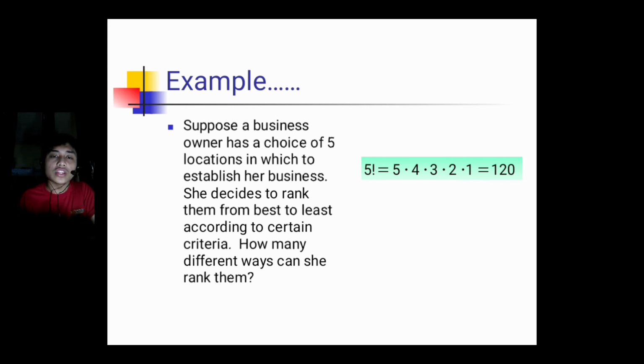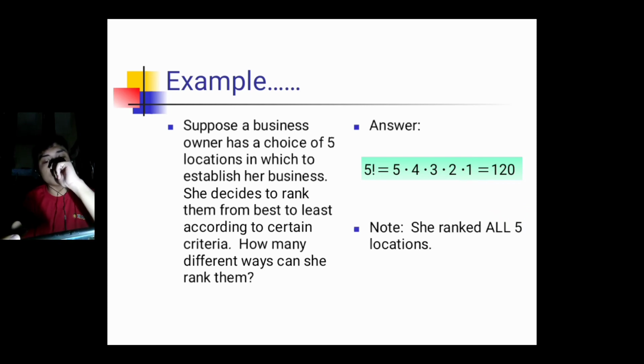She is going to rank all 5, so we use 5 factorial. 5 times 4 times 3 times 2 times 1 is equal to 120. So 5 times 4 is 20, times 3 is 60, times 2 is 120, times 1 is also 120. So the answer is 120. Note she ranked all 5 locations.